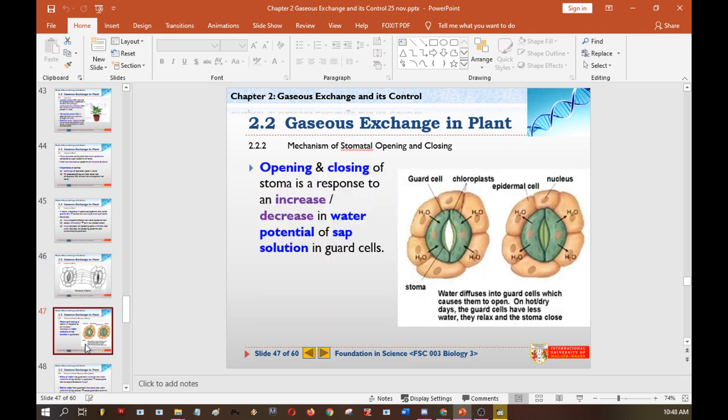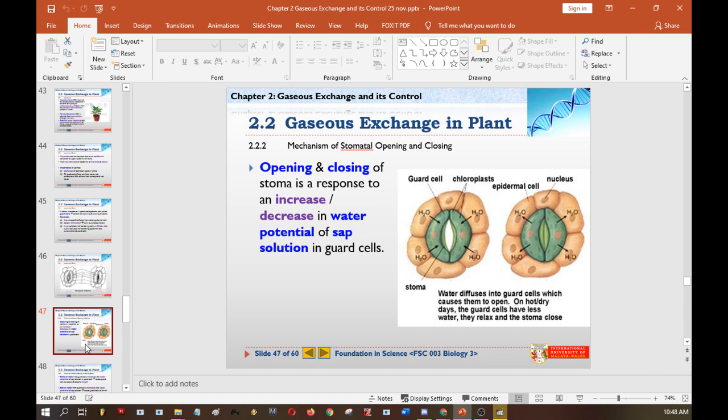Opening and closing of the stomata is in response to the increase and decrease of water potential in the solution in the guard cells. Usually when photosynthesis is happening, it causes a lot of glucose to be created. Glucose, or sugar, will cause any solution to become much more hypertonic.